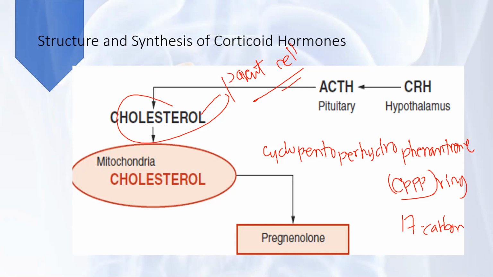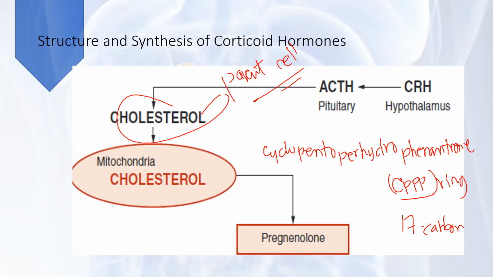Remember also, guys, that cortisol hormones are synthesized from the LDL. As you all know, LDL is your low density lipoprotein, which is delivered to the adrenal gland, where it is taken up.